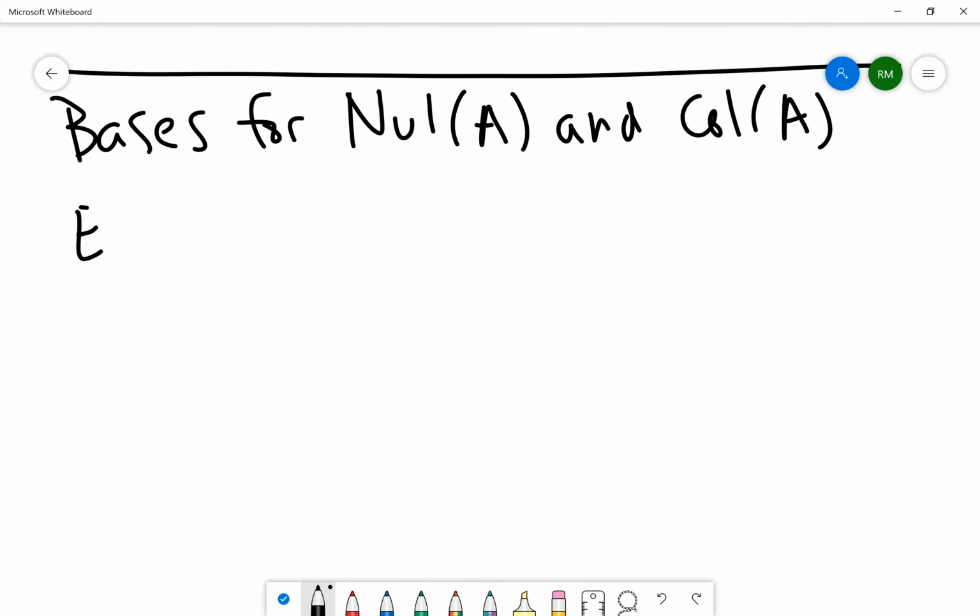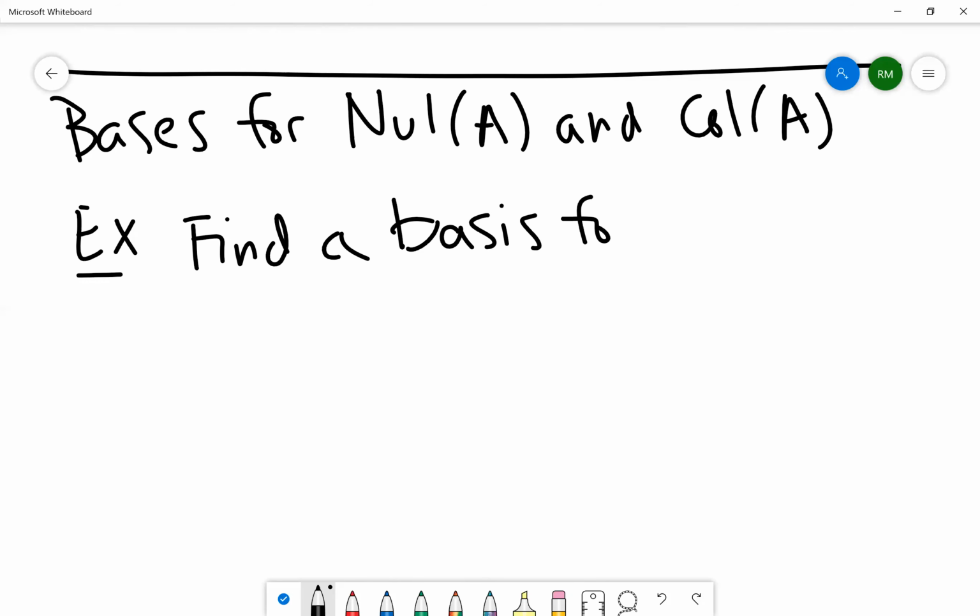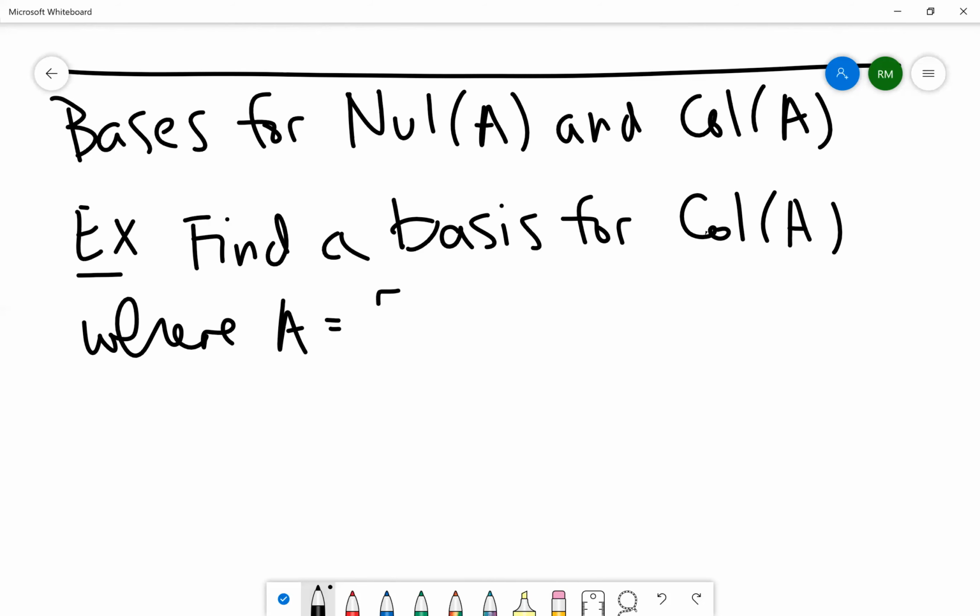So I want you to pause the video after I write in this example and find a basis for the column space of A, where A equals 1, 0, 3, 0, 1, -2, -3, 5, 1, sorry, -5 here, and 2, -4, sorry, -2, here we go.